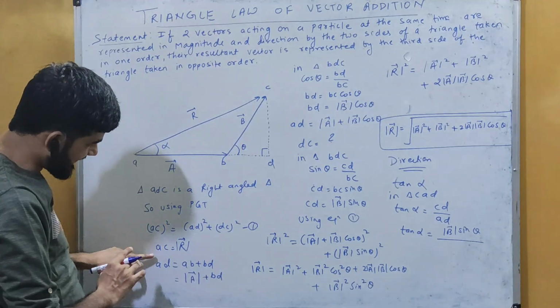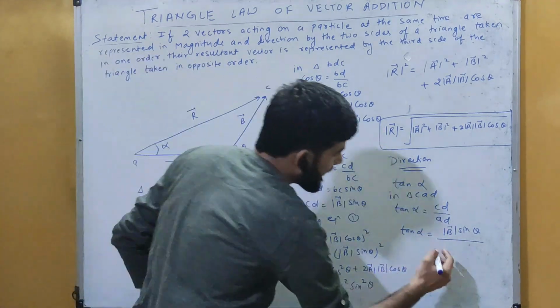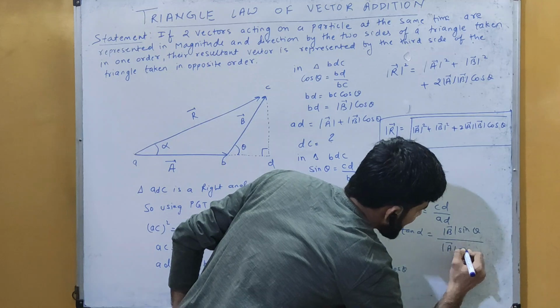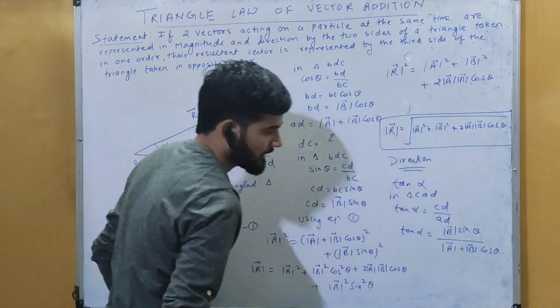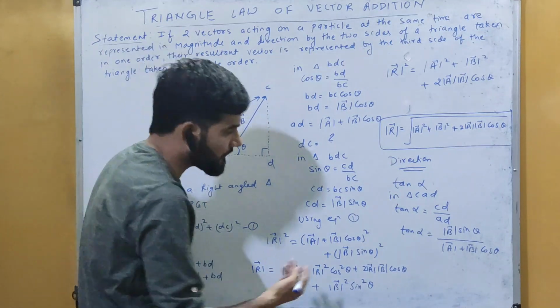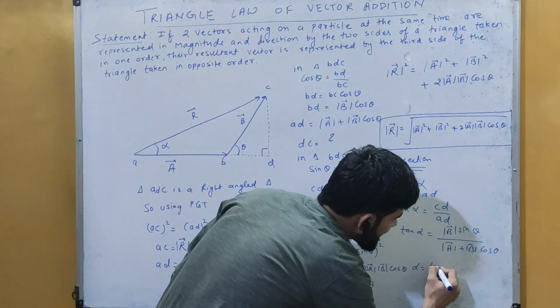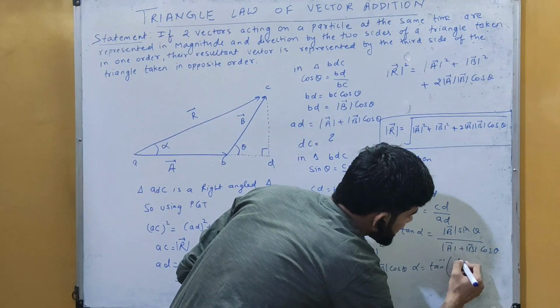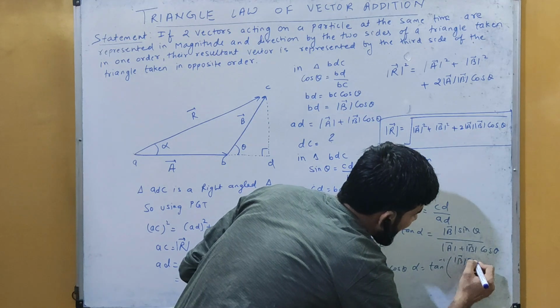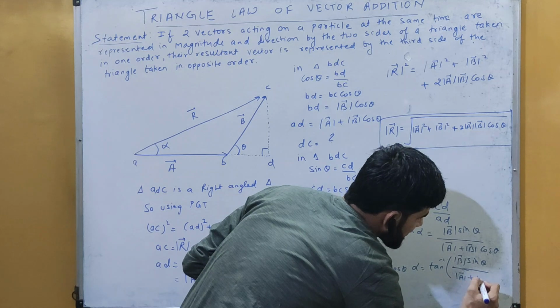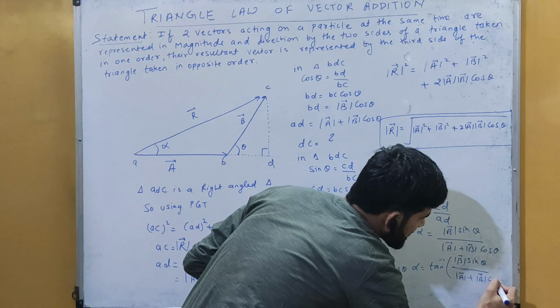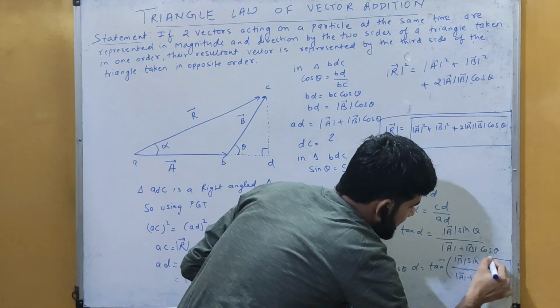What is this AD? This AD is equal to A plus B cos theta. So here you can find the value of alpha, as alpha is equal to tan inverse of B sin theta upon A plus B cos theta.